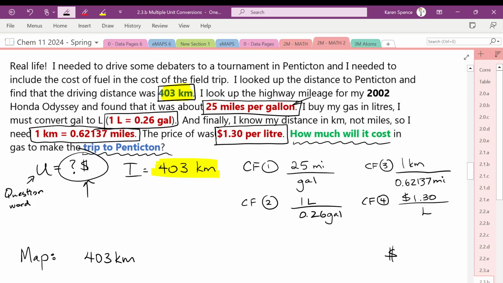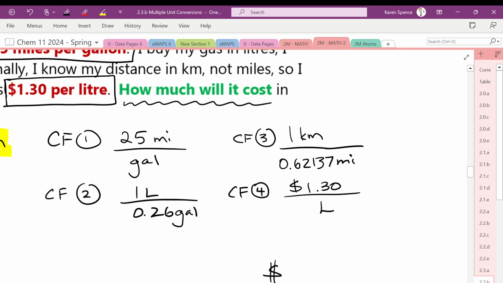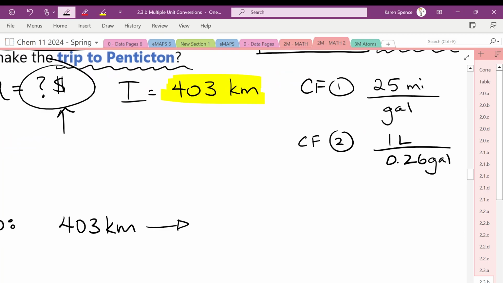What can I convert kilometers into? That's why you've got all of your conversion factors listed. The only place I see kilometers is here. I can convert kilometers into miles.